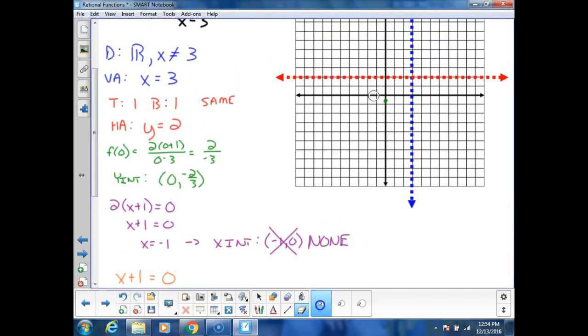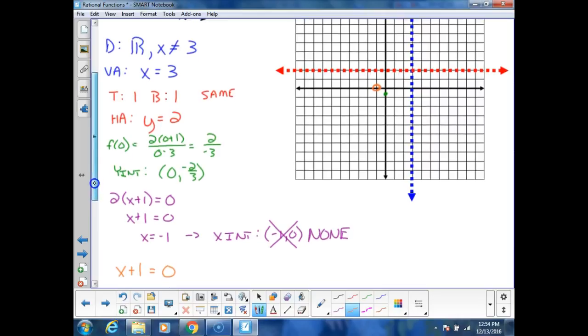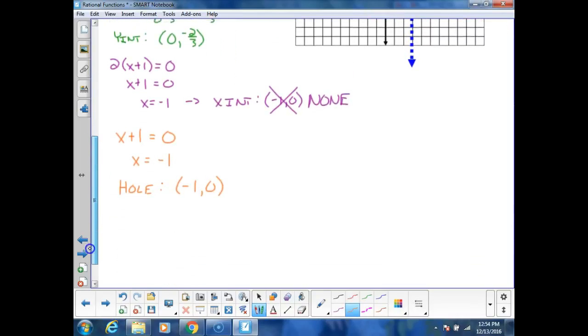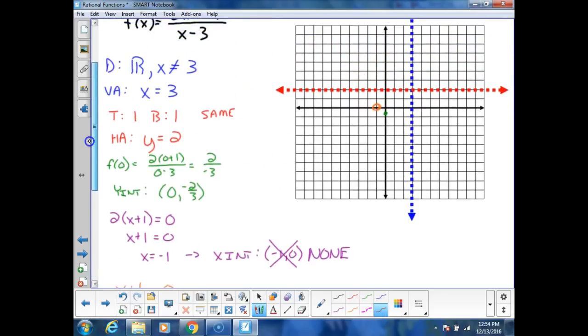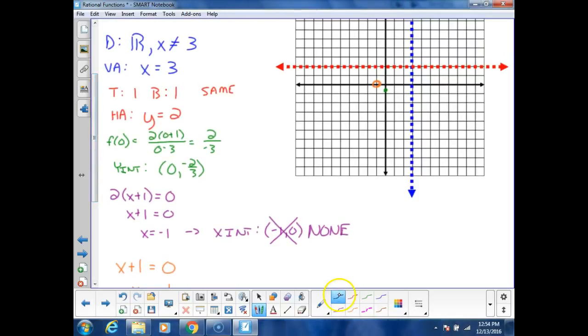So if this problem was on our test and we wrote -1 comma 0 for the x-intercept, it'd be marked wrong, because there is no x-intercept. The hole is everything. And there is no slant asymptote.